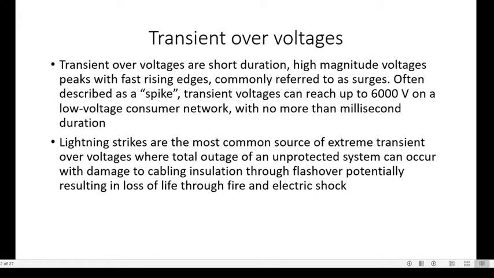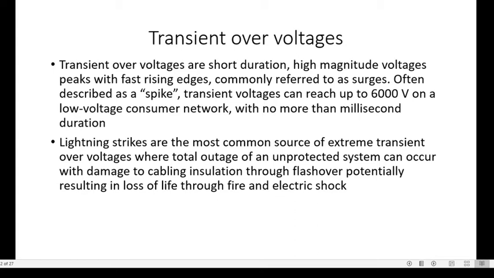And these transients are classified as impulsive transient and the momentary or the oscillatory transient. So transient overvoltages are short duration, high magnitude voltage peaks with fast rising edge, commonly referred to as the surges or the spikes, often described as a spike.